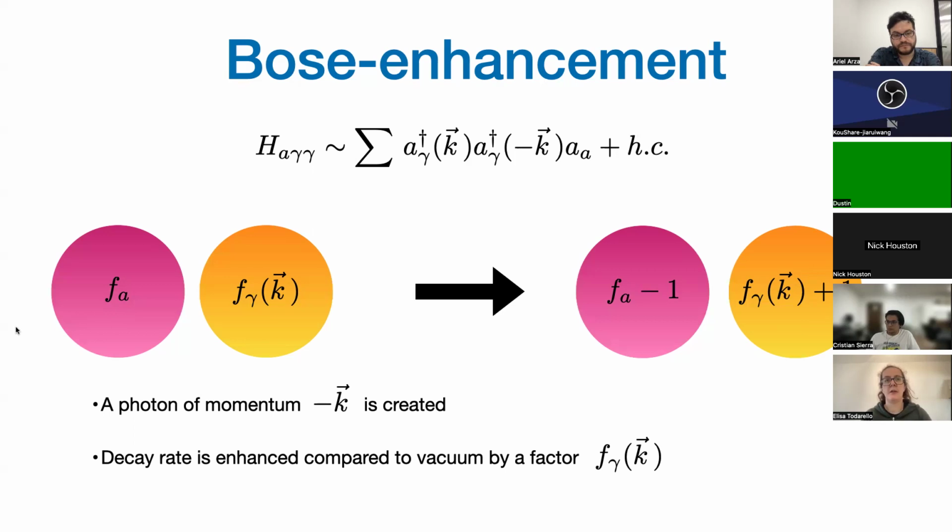And you can see that when I sandwich my Hamiltonian between these two states, and then I square it to calculate the matrix element squared, I will be enhanced by a factor of f, or f plus 1, if we want to be precise. Okay.